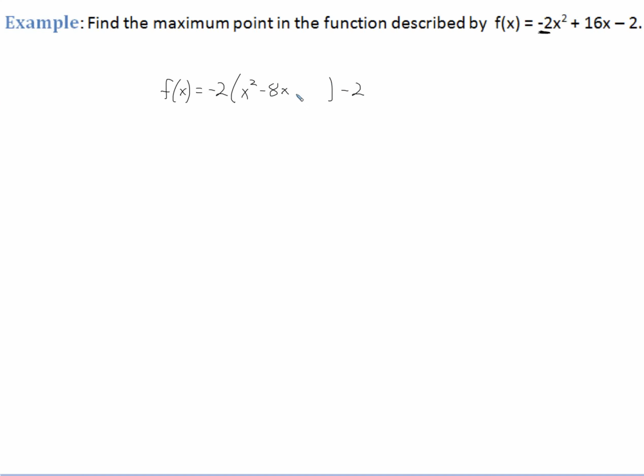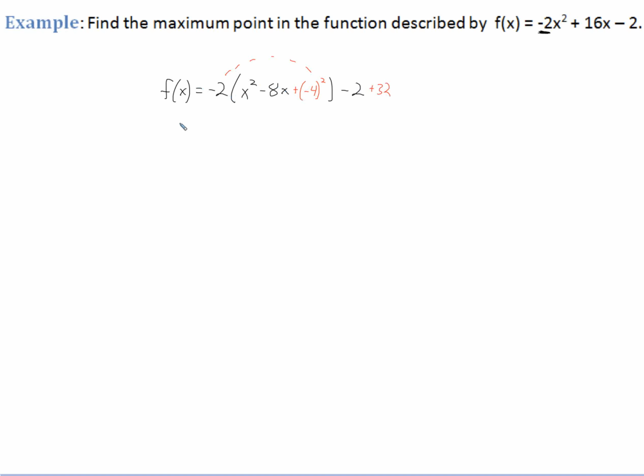So we take half of -8, which is -4, and we square that and add it in the parentheses. We just added 16 here, but remember it's multiplied by this -2. So we just subtracted 32, because 16 times -2 is -32, so we have to add 32 over here. And that's enough to give us the maximum point.